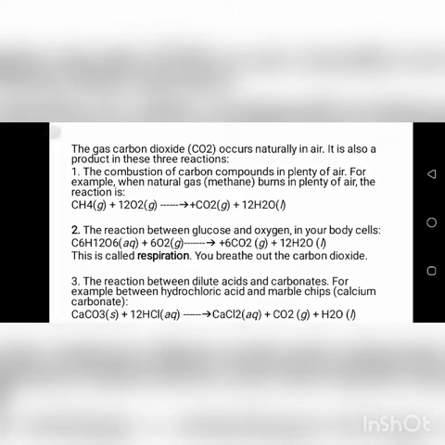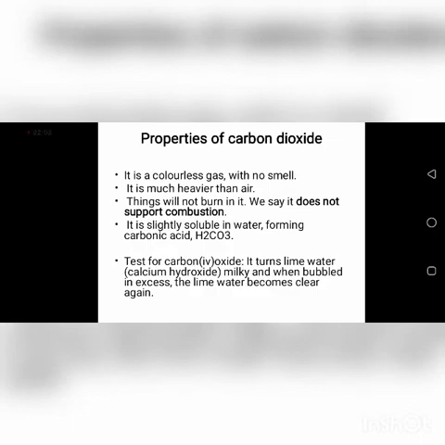Last one, the reaction between dilute acid and a carbonate, maybe calcium carbonate. They are going to produce carbon 4 oxide. So these are the three reactions in which carbon 4 oxide is produced. What are the properties of carbon dioxide?